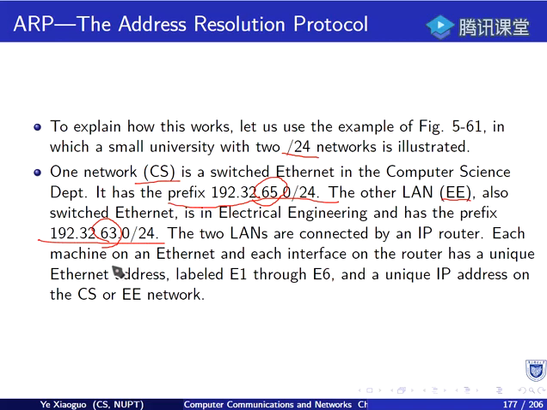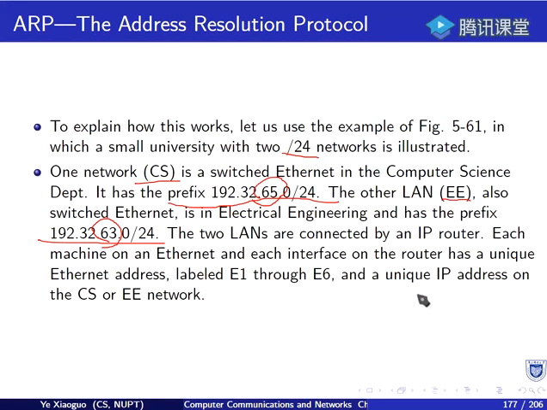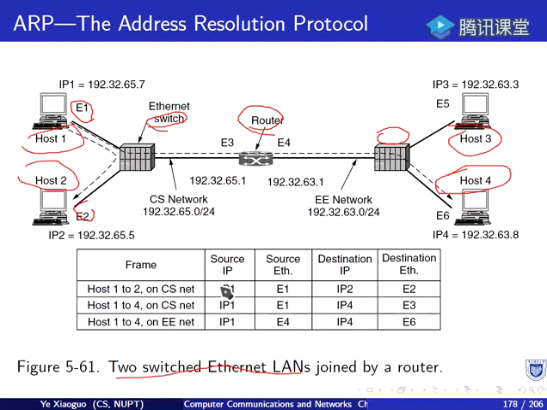Each machine on the Ethernet and each interface on the router has a unique Ethernet address, labeled E1 through E6, and a unique IP address on the CS or EE network.